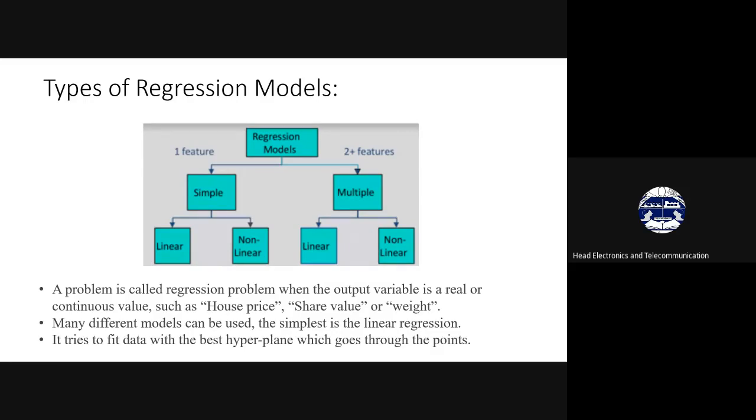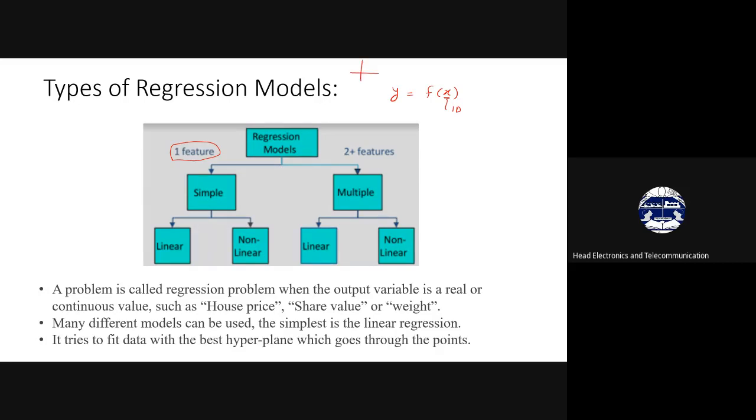Now there are types of regression models. Regression models can be broadly divided into two categories: a single feature based model, that is y is a function of x. So x is here one dimension. There is only one feature available to me.